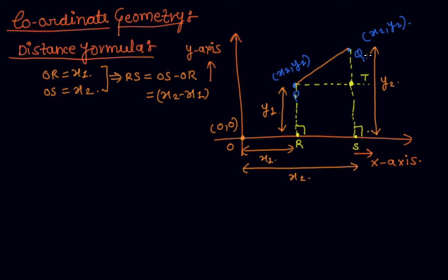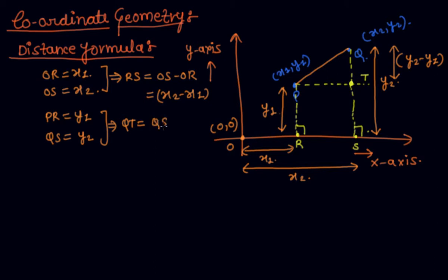So I find QT, which is equal to y2 minus y1. Again, PR is equal to y1, QS is equal to y2, and on the basis of this QT is equal to QS minus PR, which is y2 minus y1.